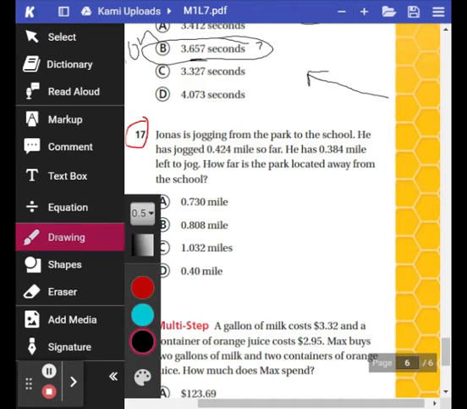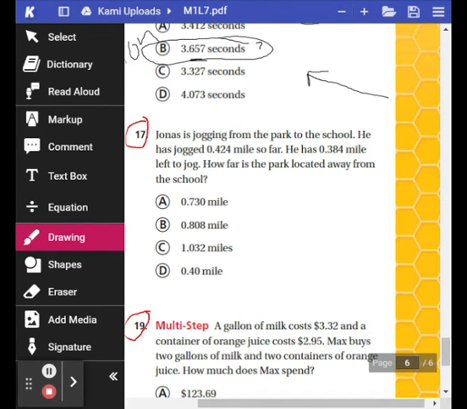What do we need to do? I'm going to come back over here. I needed to see how far the park is located from the school. So he jogged the 424 thousandths miles, and he has 384 thousandths miles left. So I'm going to take the difference. He jogged 424, and this is what he has left to jog, right?